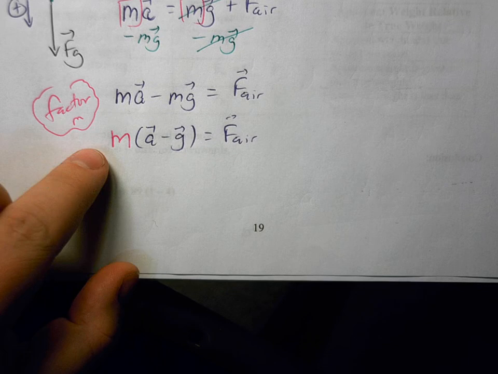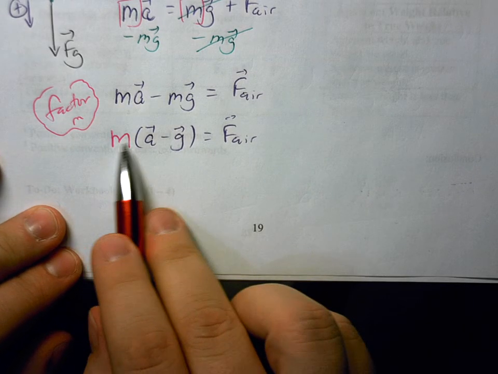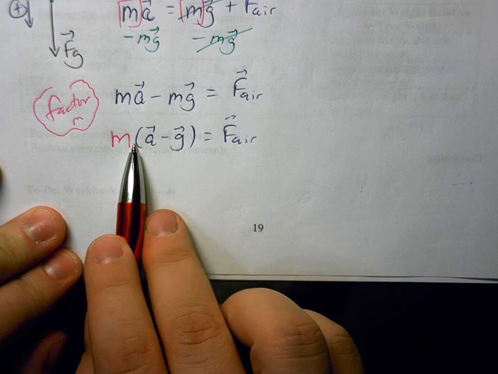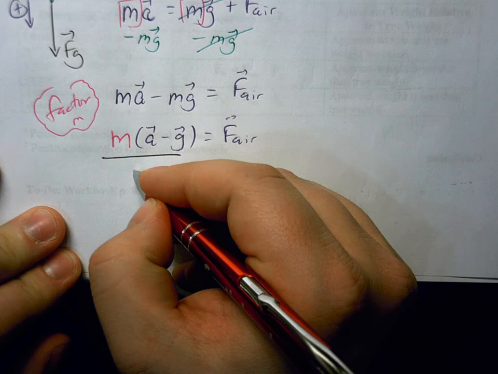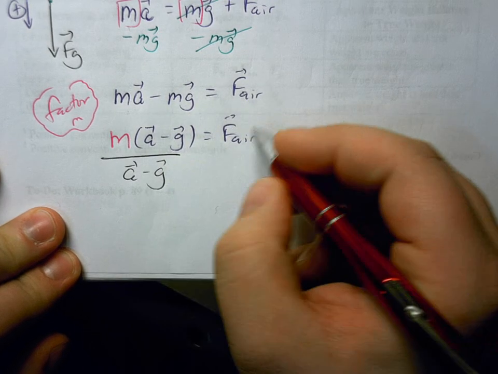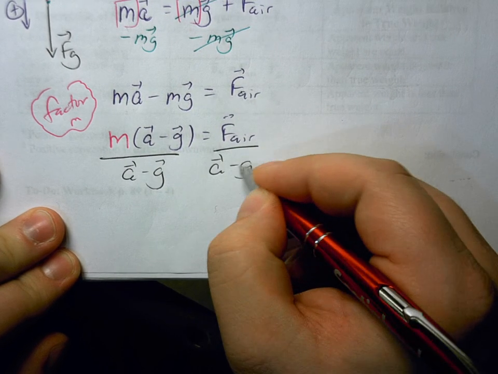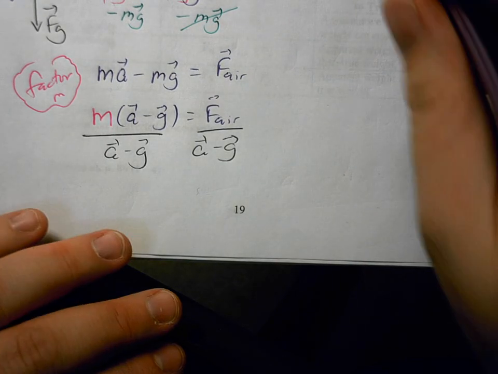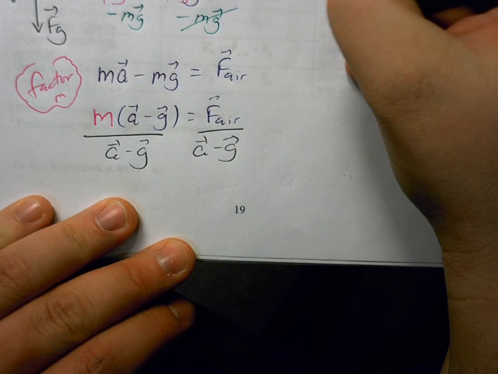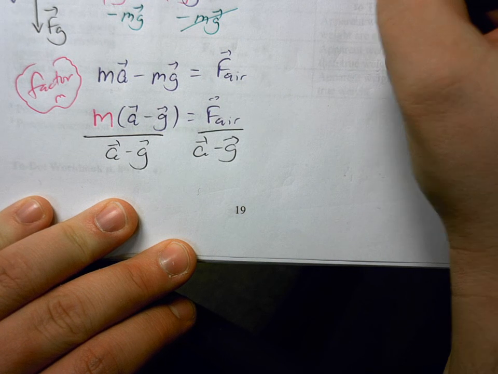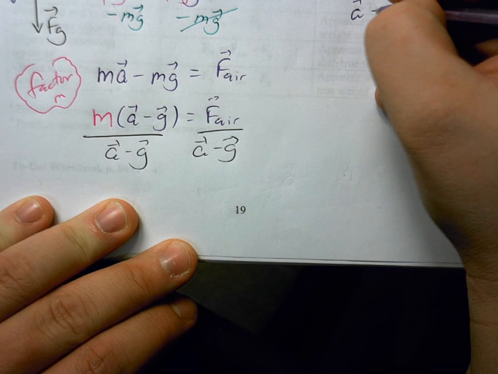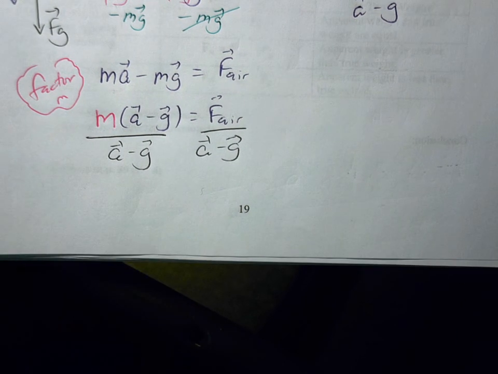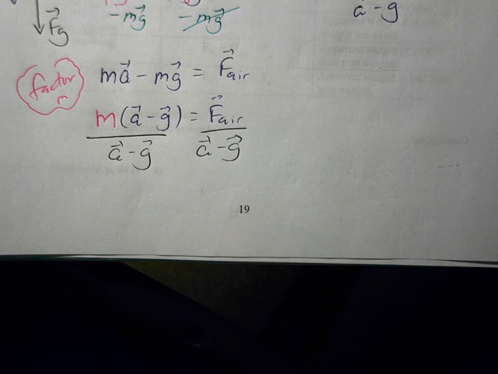To get it by itself, we just have to divide by this a minus g, and we're going to do that on both sides. So what I'm going to get is that the mass of this object is going to be the force of the air resistance divided by the acceleration minus gravity, or the acceleration due to gravity.